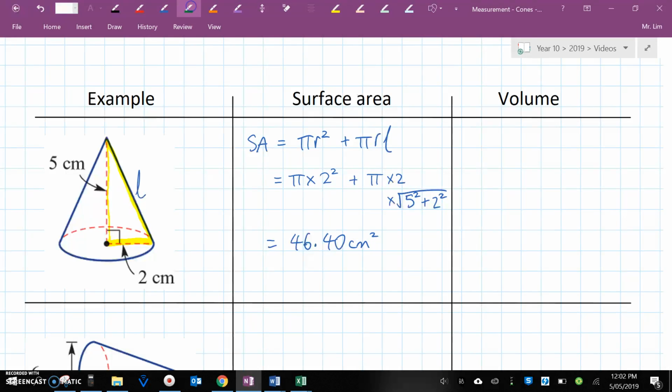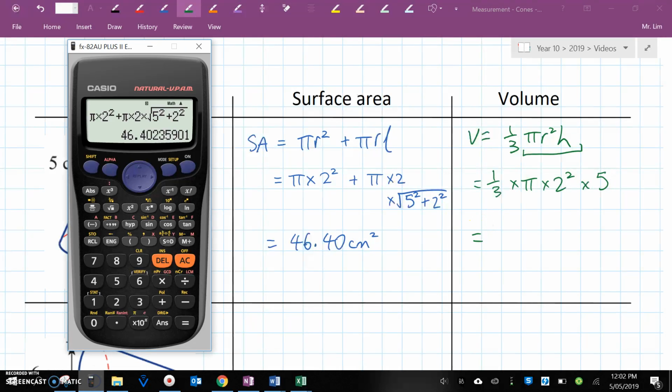Okay, let's have a look at volume. Volume is 1/3 times pi r squared h. Okay, so we know that this is the formula for the volume of a cylinder. The volume of a cone is 1/3 of that. So 1/3 of pi times 2 squared times the perpendicular height, which is 5.